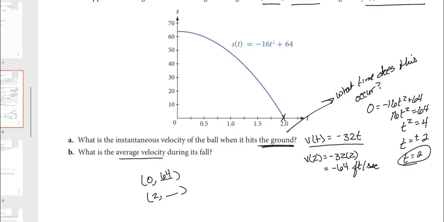And if we plug a 2 in here, we're going to get 0. So we're going to find that average rate of change between here and here, and that's going to be the slope of that secant line. So 64 minus 0 over 0 minus 2 would be negative 32 feet per second.